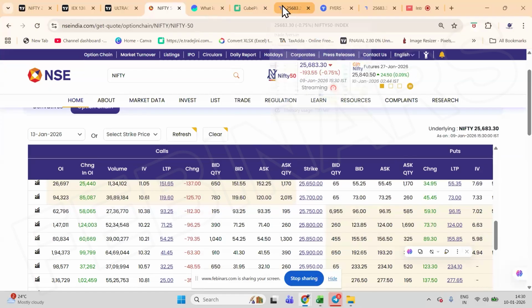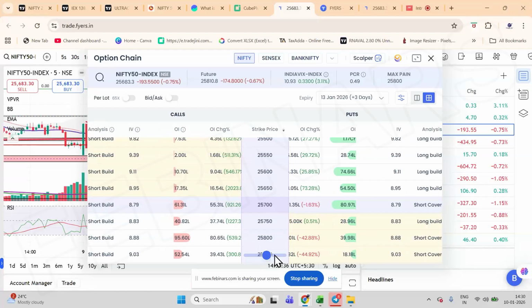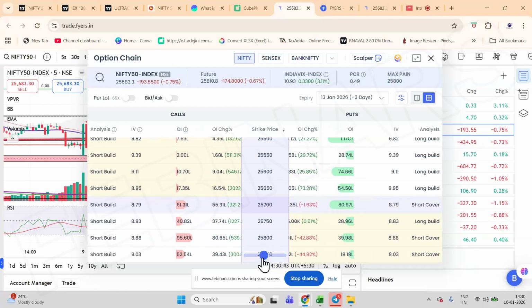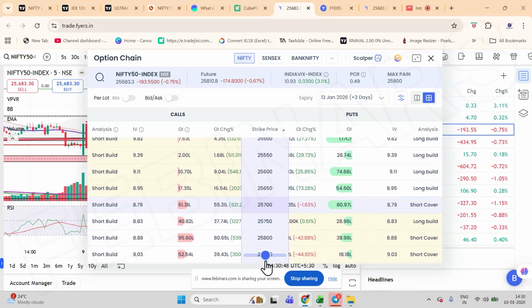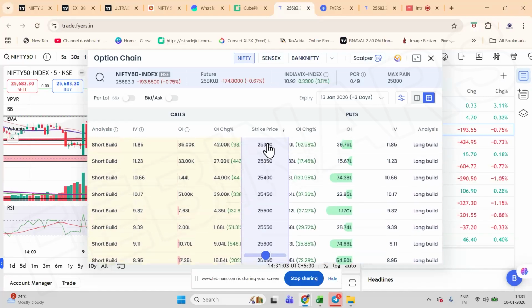And the more data in your broker terminal is giving you the clear idea. See, on the put side there is a clear long build up in 25,600, 25,500, 25,400.